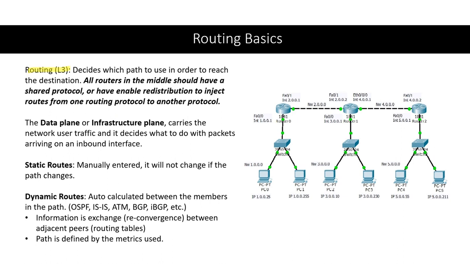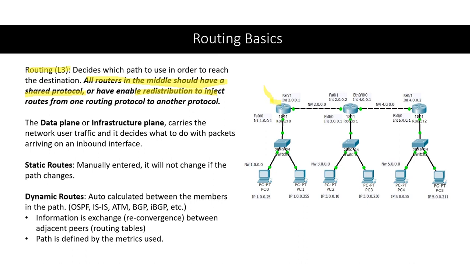So if we go another layer higher, and we get into layer 3, that's where routing happens. And routing is what decides which way traffic is going to go, which path, in order to get to my destination. So all these routers that you traverse through in the middle should have this shared protocol, right?